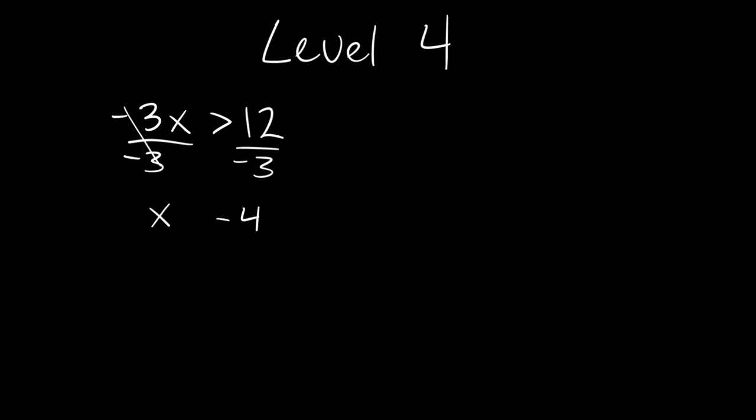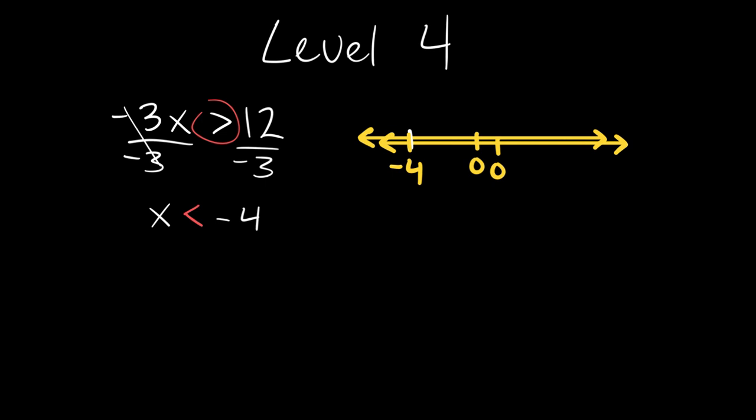But because we divided by a negative, we have to switch the direction of the inequality. That's the step that all students forget. Graphing something like this would be like we have done before. This is -4, and we're talking about numbers less than that. So we start at that point, not including -4, and go to the left.